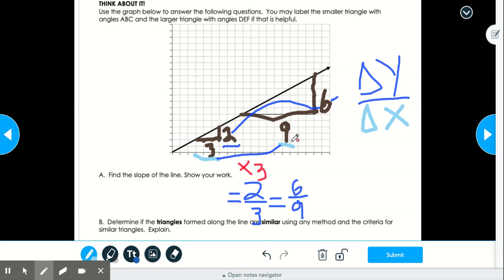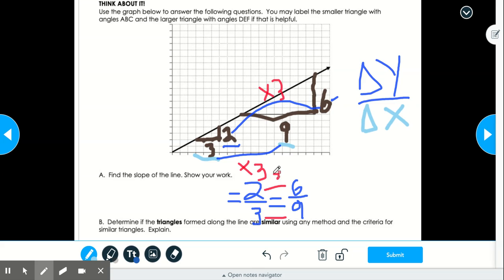In order for this to be a proportional triangle, both numbers need to be multiplied by the exact same constant, in this case 3. And if they both give you the correct solution, it is a proportional relationship. So you can do the same thing with your fractions, multiplying both the top and the bottom by the same number.